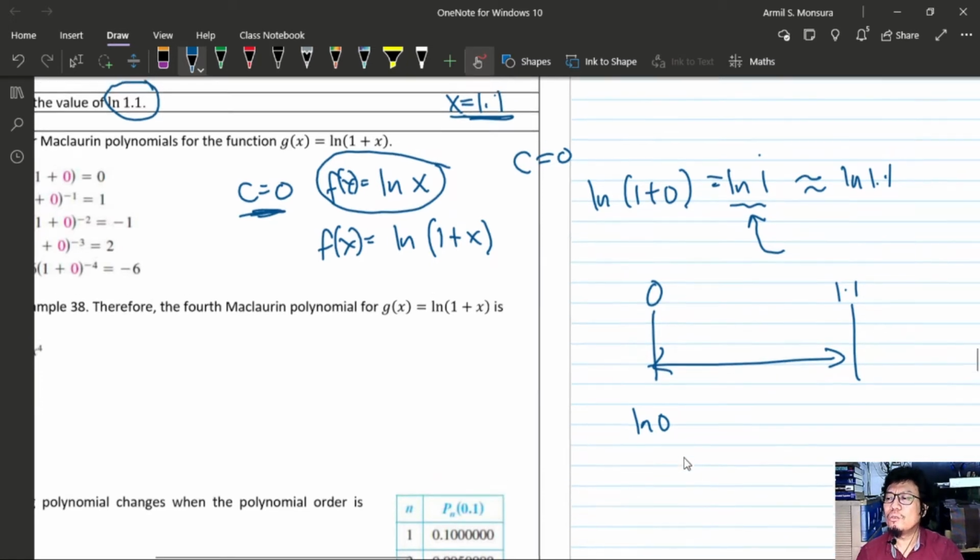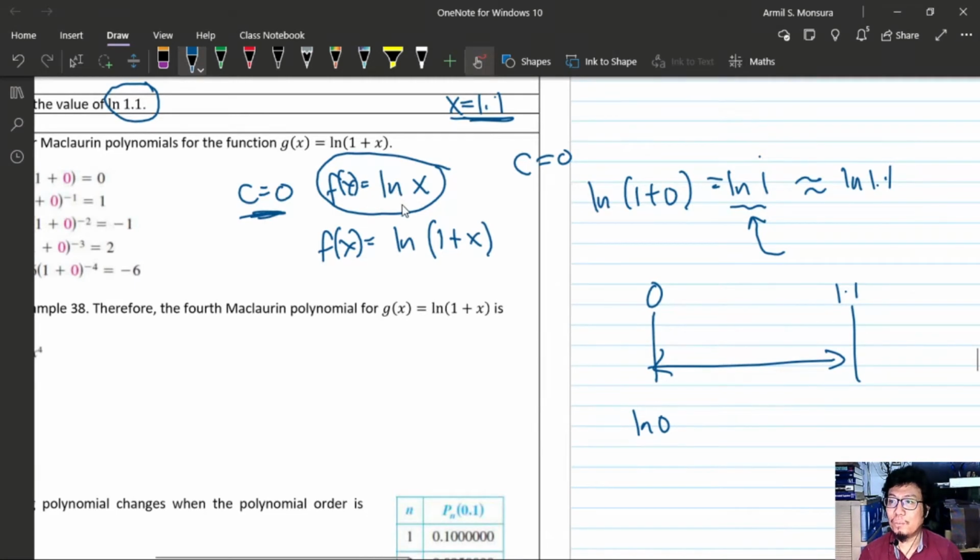So instead of approximating the polynomial for f of x equals ln of x, we would like to create an approximating polynomial for ln of x plus 1. That way, if we approximate at 1, even if the center is at 0, what it would evaluate is ln of 1. Therefore your approximation would not be too far.